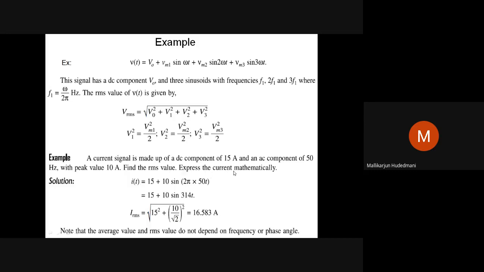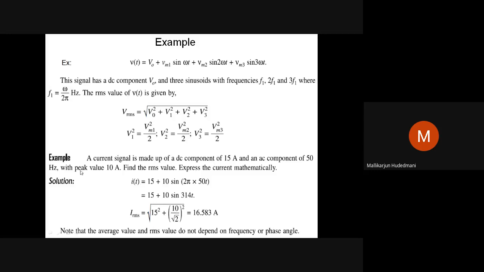Express the current mathematically. Write the equation like that. To get this, there are two components, one is DC, one is alternating. Then how is DC represented here? Like a steady current, 15, plus the sinusoidally varying quantity, which should have a sine function, a peak, and an omega.